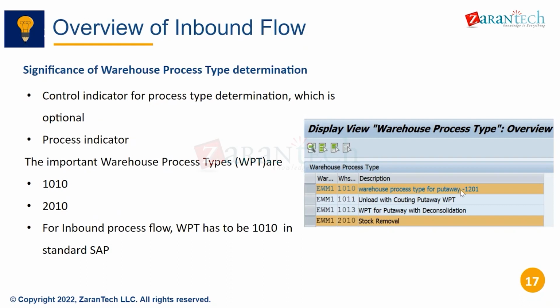You can see the process type for put away, process type for stock removal, which is for the outbound process. Process type for put away with deconsolidation. Process type unloading with counting put away. So to differentiate any process in the warehouse, a separate warehouse process type has to be created.